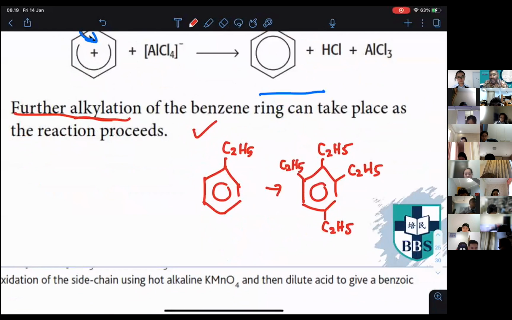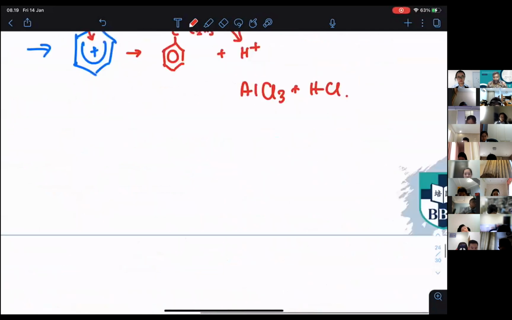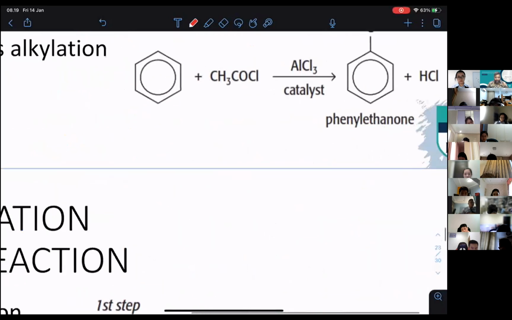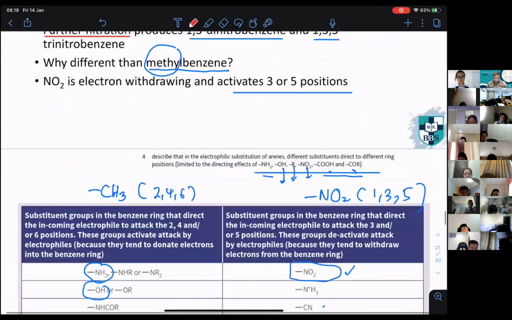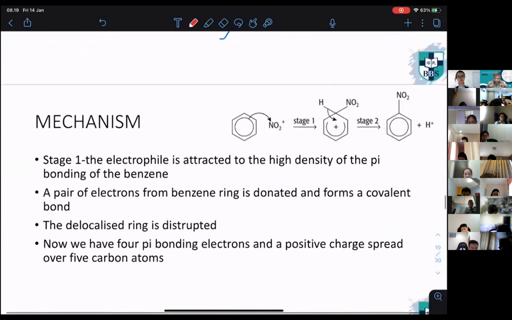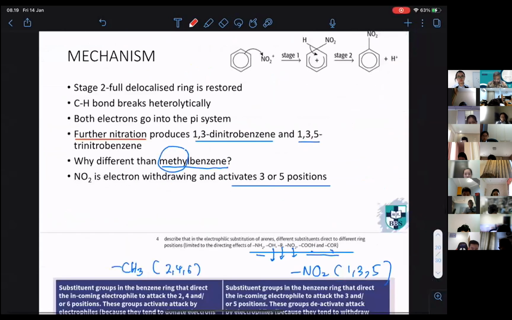Therefore, try to relate again with this part of your syllabus. Of course, I cannot show you all the time, but try to relate with this part of the syllabus.